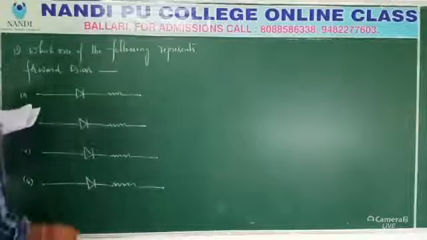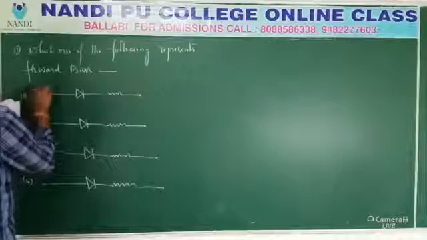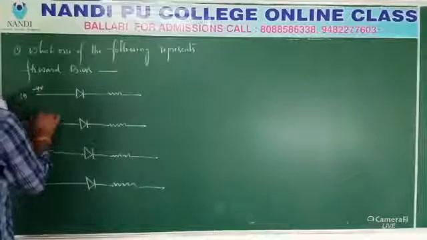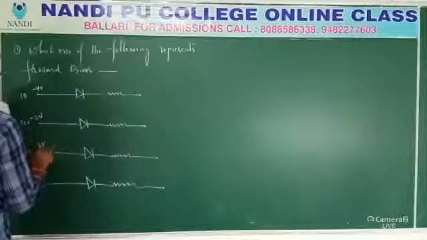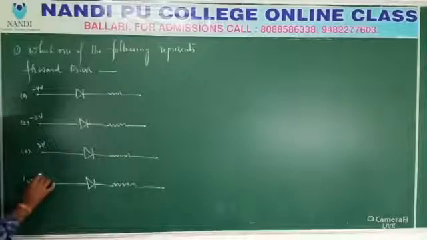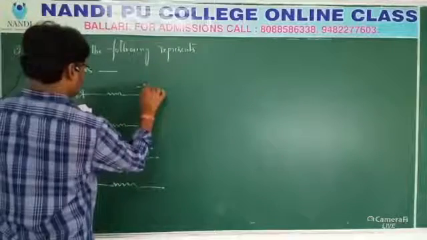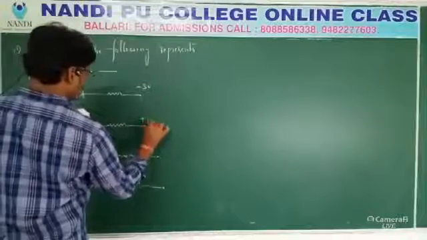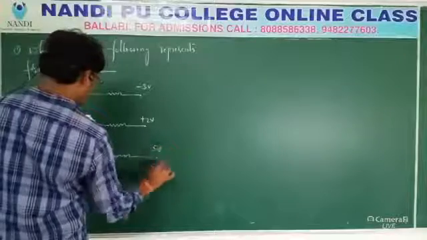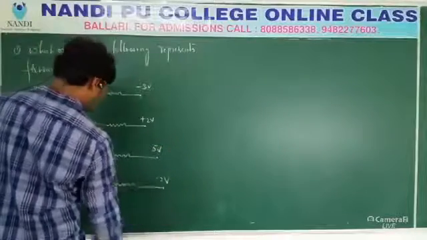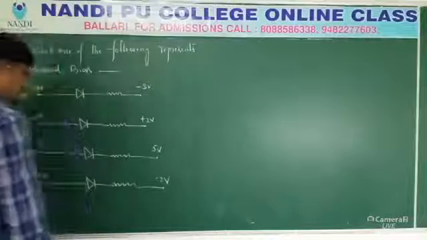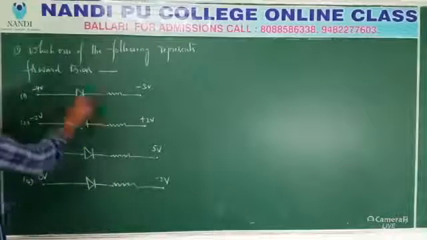Okay, you can see now this is minus 4 volts, minus 2 volts, 3 volts, 0 volts. This is minus 3 volts, plus 2 volts, 5 volts, minus 2 volts. What did the question ask?